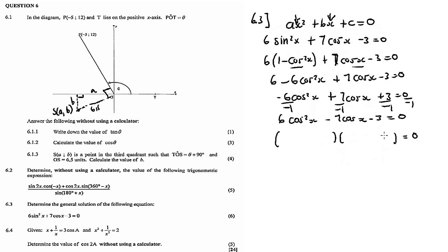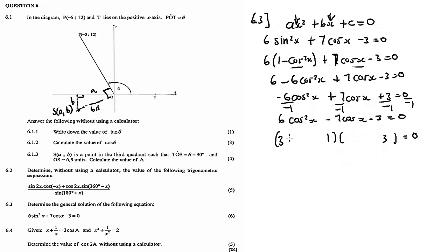Using the factoring method, we will have 3 and 1, and 2 cos, and 3 times 3 is 9.